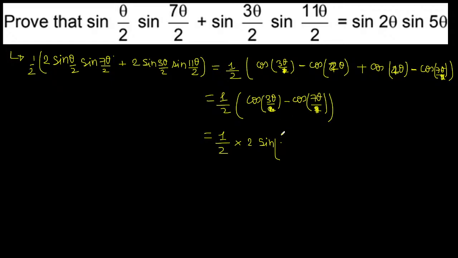So it is sin (c plus d) by 2, which is 5 theta, sin (d minus c) by 2, which is 2 theta. So it is simply sin 5 theta sin 2 theta.